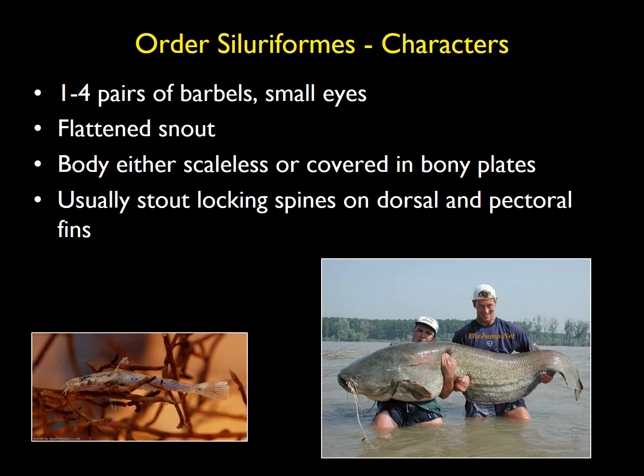The lower Callichthyidae catfishes have bony plates that they're covered in. And they have stout spines in their fins, both on the dorsal and pectoral side, that the spines actually lock into the catfish's skeleton. So once a catfish locks its spines out, it's a very effective defense, and you don't want to try to grab them when those spines are out, unless you grab around the spines, they'll get you.